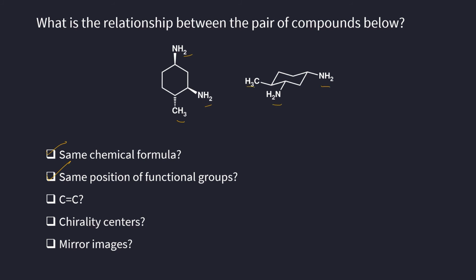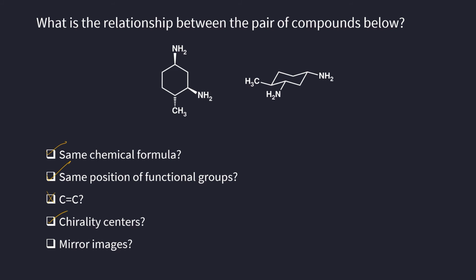Okay, and both of these are cyclohexanes. They are just represented differently. This one is the regular top-down view of cyclohexane, and this one is the chair depiction of cyclohexane. There are no double bonds, so let's look at the chirality centers.